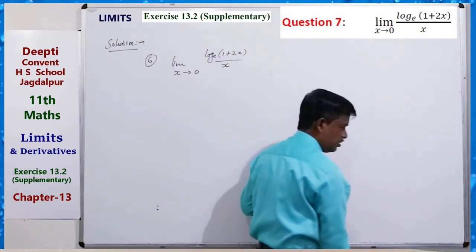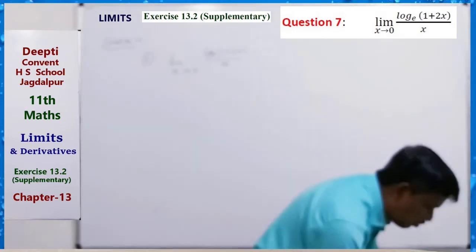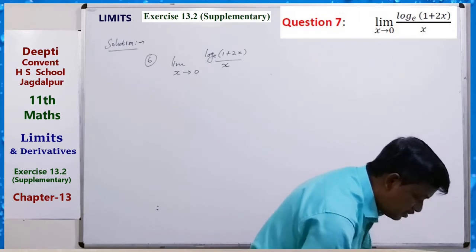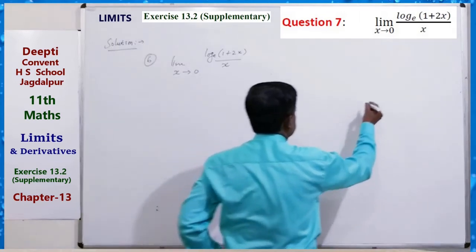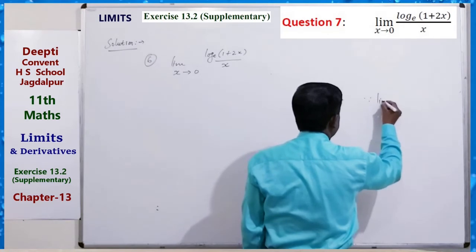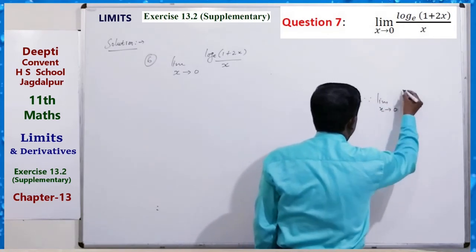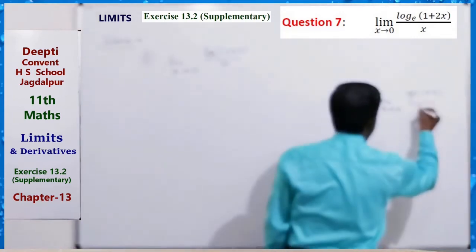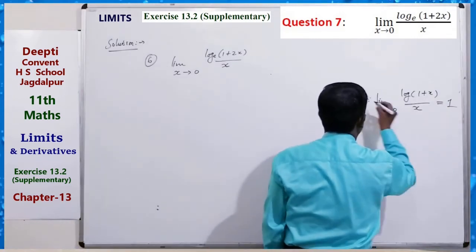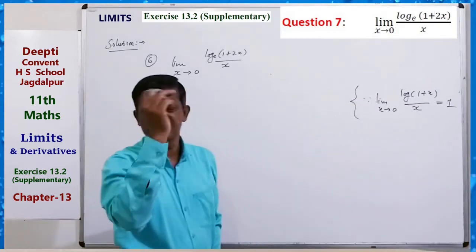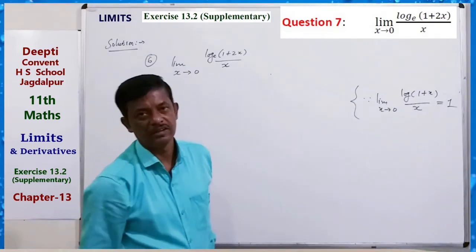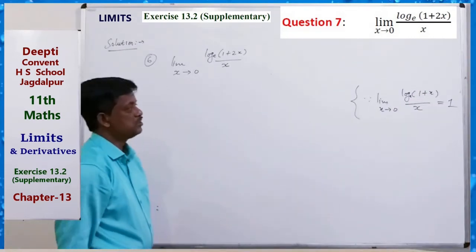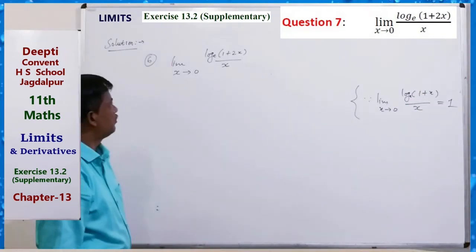What is the formula? The log formula is limit log of (1 plus x) upon x equals to 1. Here the base is e. Using this formula we can find the value.